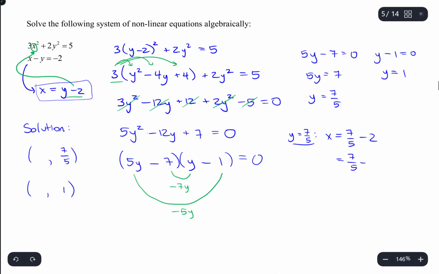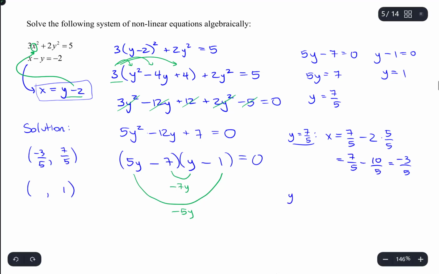That would be 7/5. And then I need to change 2 into a fraction with denominator 5. So I'm going to multiply it by 5/5. So 2 times 5 is 10. Then that's over 5. So 7 minus 10 is -3. So there we have -3/5 as the x location of my solution.